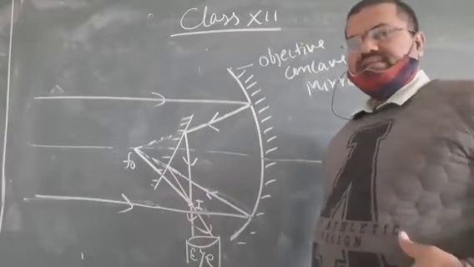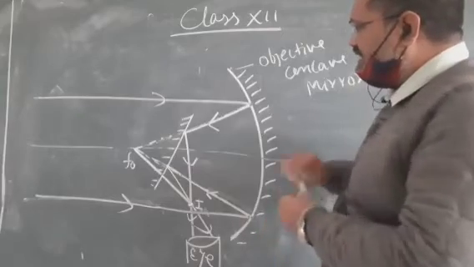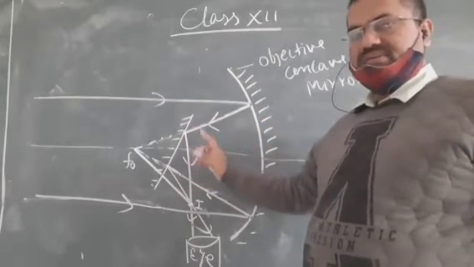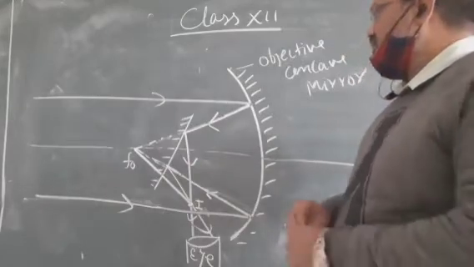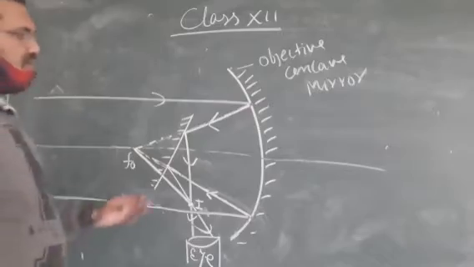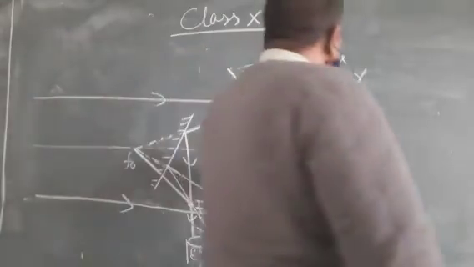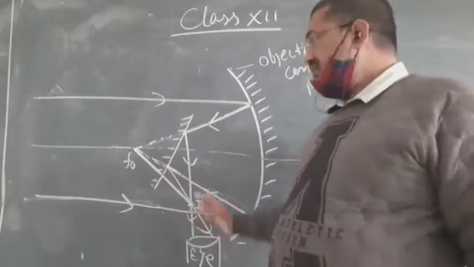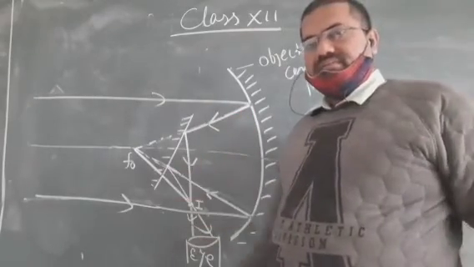And Cassegrain modified this telescope using a convex mirror for the secondary mirror. In Cassegrainian telescope, a concave mirror is used for the objective and a convex mirror is used for the secondary mirror.